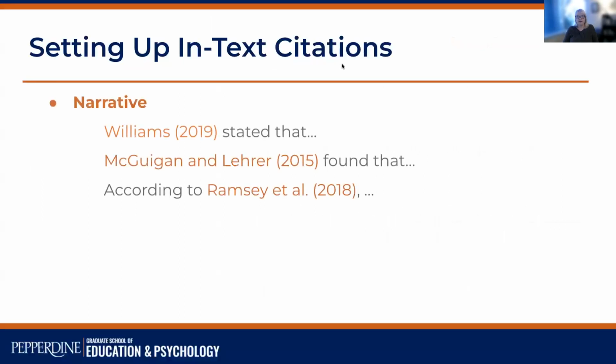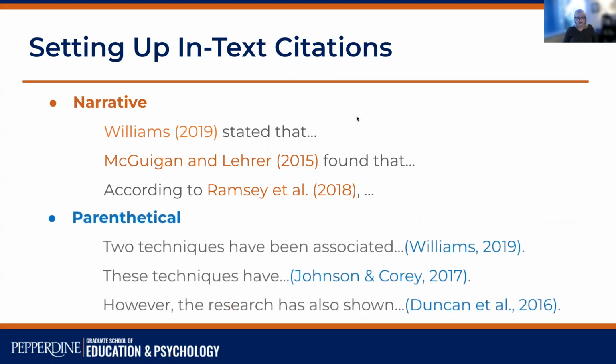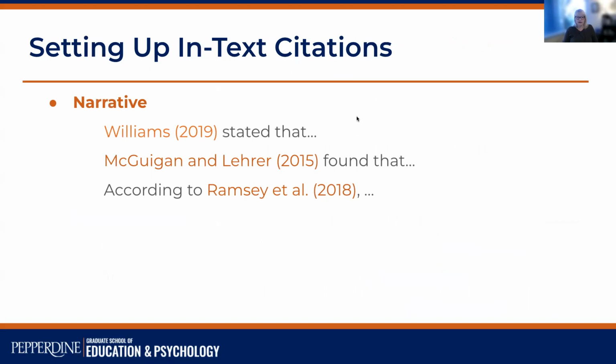So let's talk a little bit about in-text citation. Whenever you're including that research in your work, there are 2 options for including in-text citations: narrative and parenthetical. So narrative citations refer to the authors within the sentence itself. So here you can see Williams is the subject of the sentence.